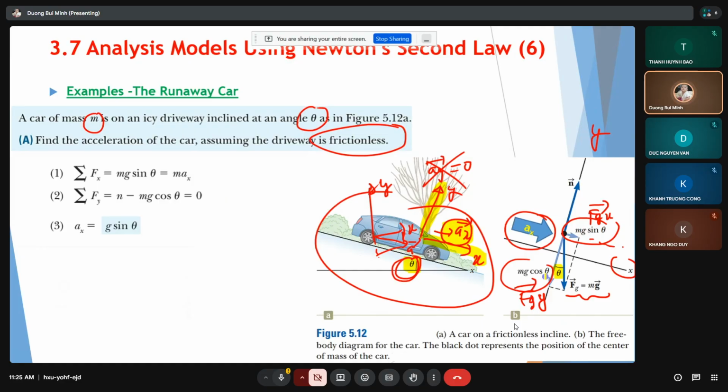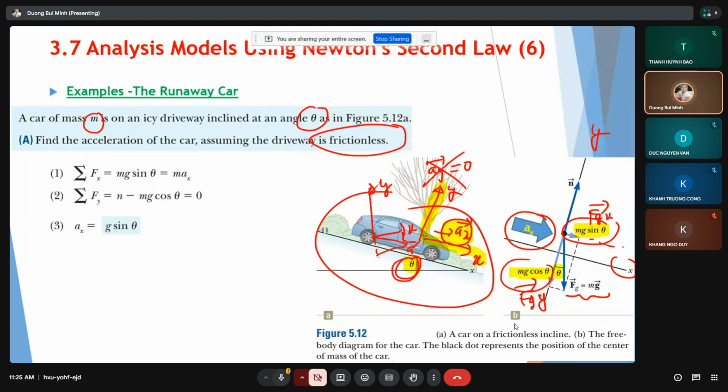Very easy, right? For here you get theta, so we can get the x and y components of Fg. If you multiply by cosine theta, you can get Fgy, and if you multiply by sine theta, you can get Fgx.